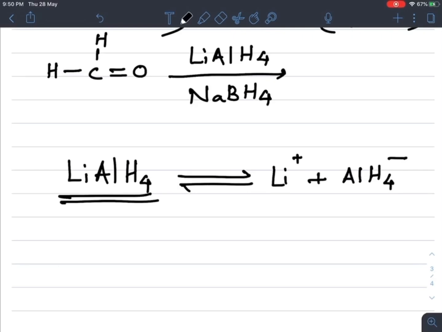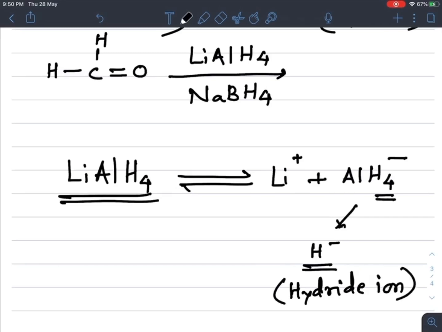This minus means it supplies H minus ions every time, and that's why this anion supplies the hydride ion when it is used as a reducing agent.